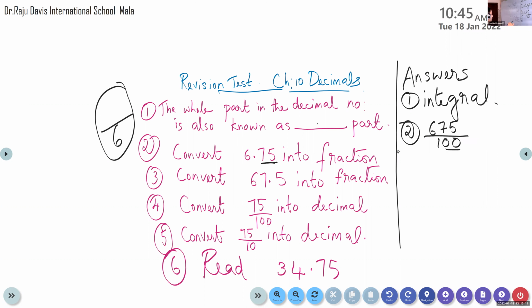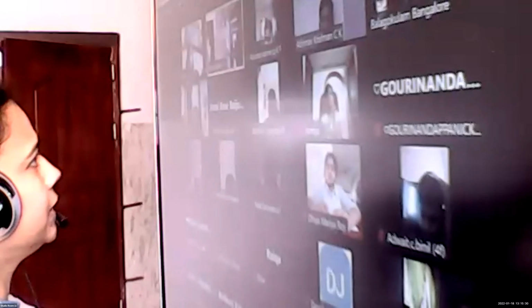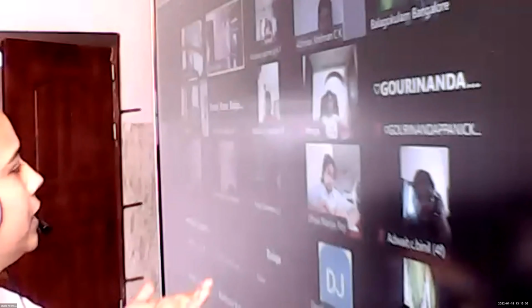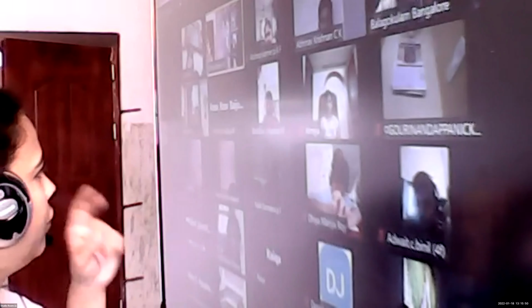Abhinav, tell me the answer. Again, write the number without any decimal point. Then what's the denominator here? 675 divided by 10. Is there any other number we will write here? We will write either 10, 100, or 1000 only. Are we using any other number? No. 1 followed by how many zeros? If the decimal part is only one digit, the denominator has only one 0.